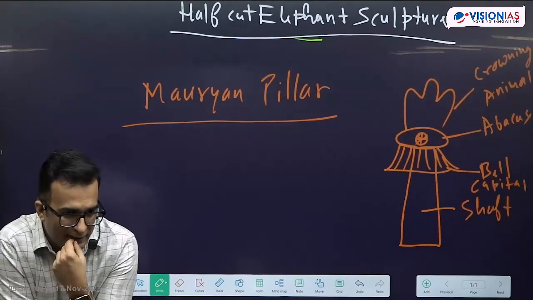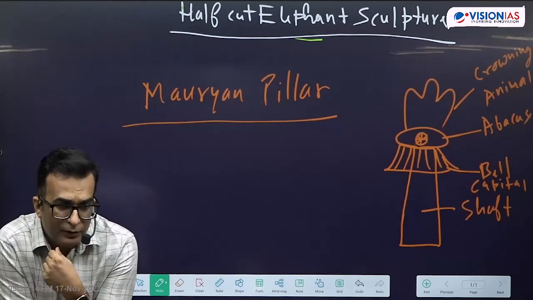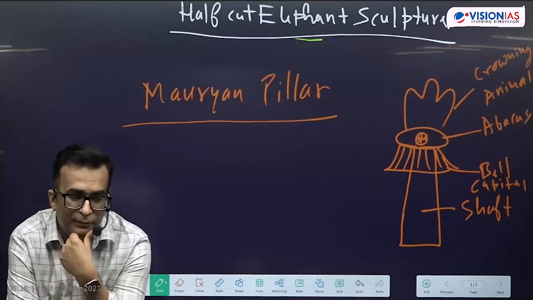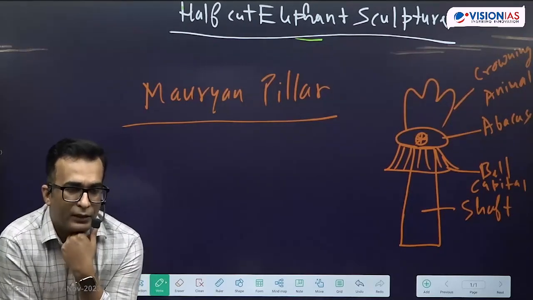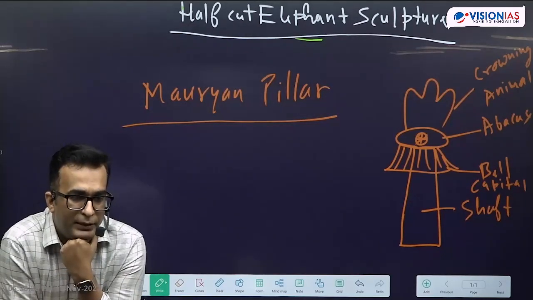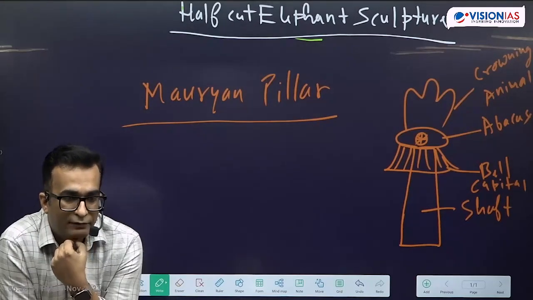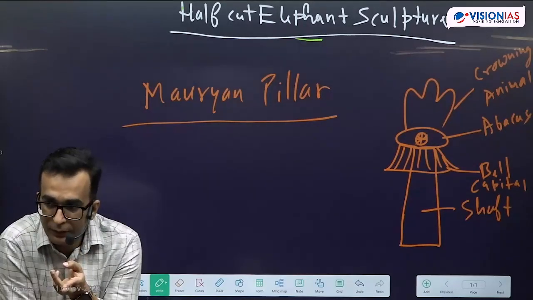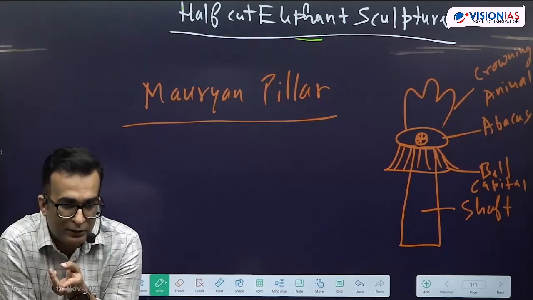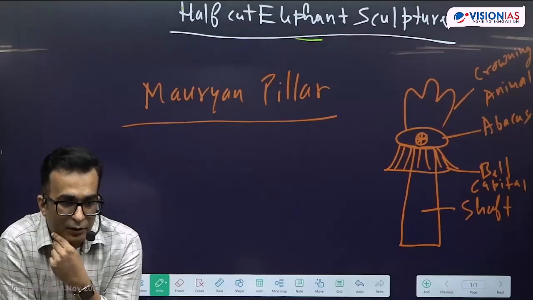Then the parts of the Mauryan pillar are namely shaft, bell capital, abacus, and a crowning animal.